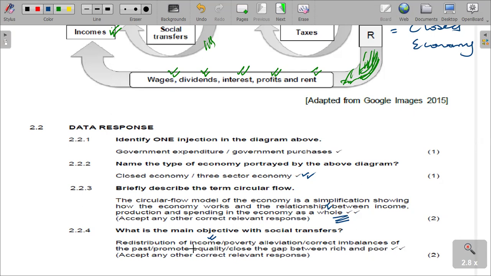So we are saying it promotes equality, which means that no one should suffer, and also closes the gap between the rich and the poor. Every month we have our people receiving social grants, which are there to ensure that the working class, the elite, and the minority who might not have, don't suffer.